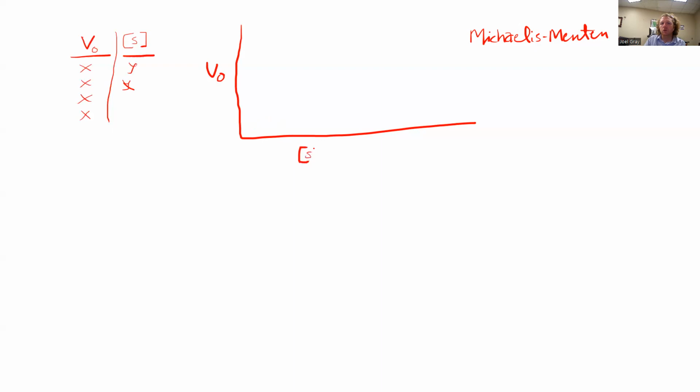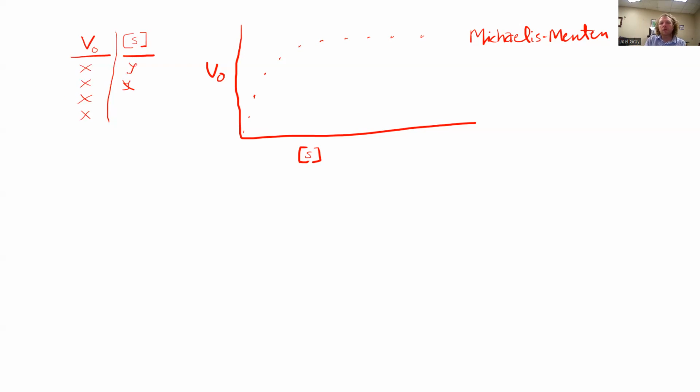It will look a little bit like this, roughly. What you should immediately notice is that your data is not linear. Sure, there might be a linear range to it, but the overall display of your data is not linear. Instead, it's going to have a hyperbolic curve. So it goes up and it basically plateaus.